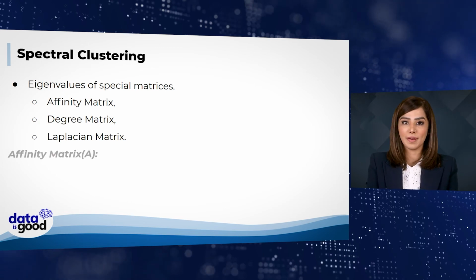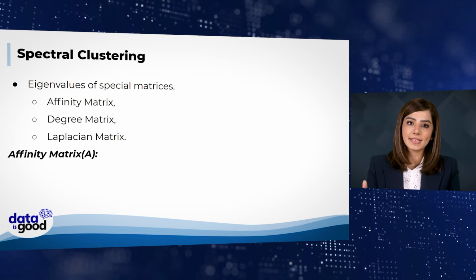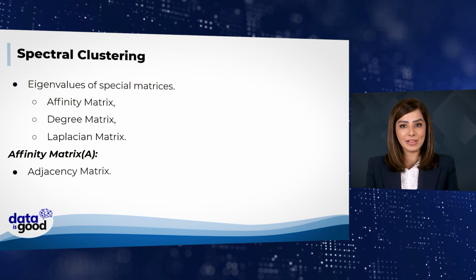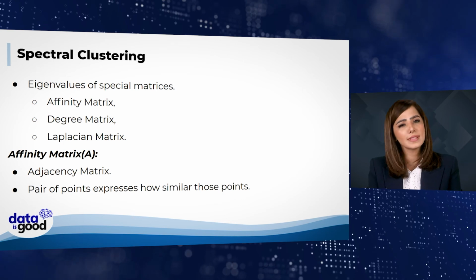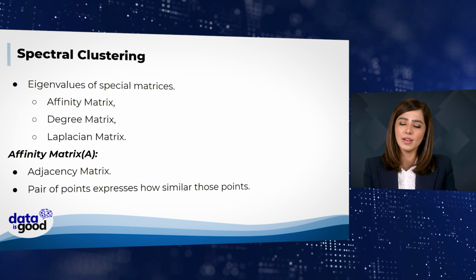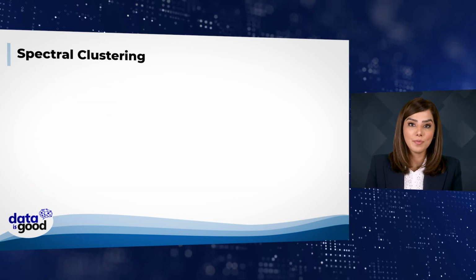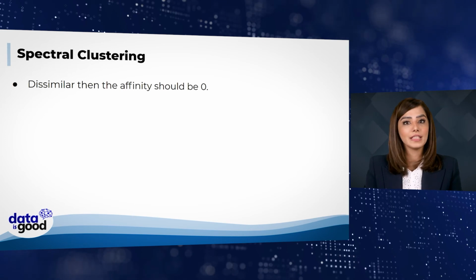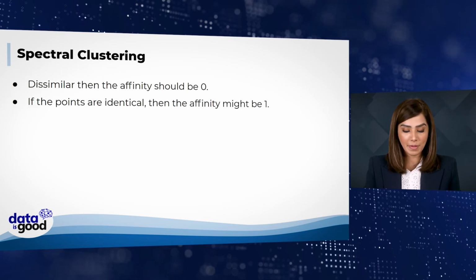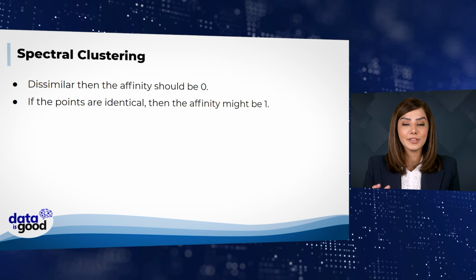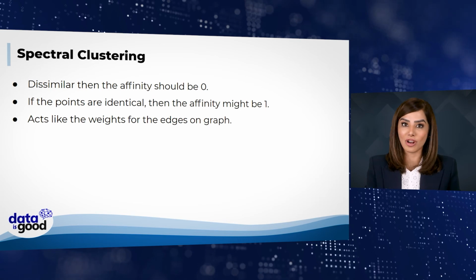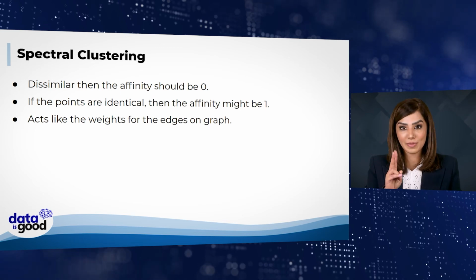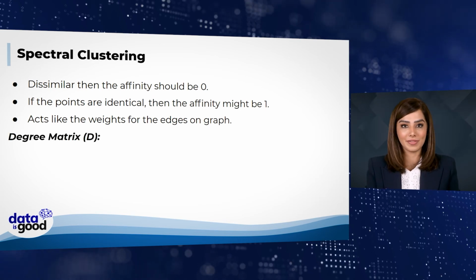Starting with the first one, the affinity matrix is like an adjacency matrix, except the value for a pair of points expresses how similar those points are to each other. If pairs of points are very dissimilar, then the affinity should be 0. If the points are identical, then the affinity might be 1. In this way, the affinity acts like the weights for the edges on our graph. Now, the second most important one is the degree matrix.